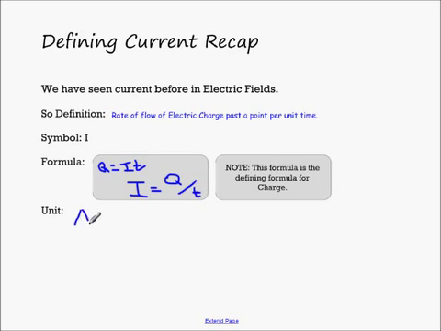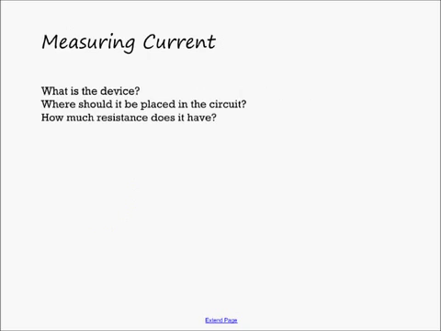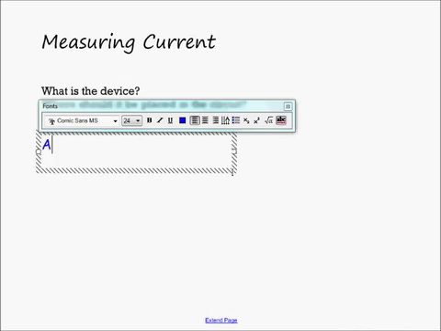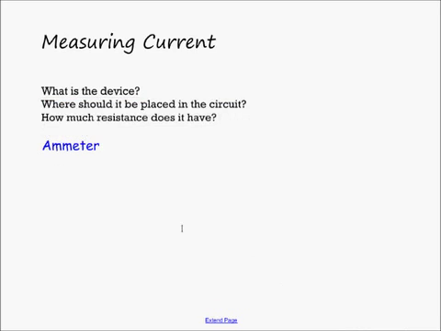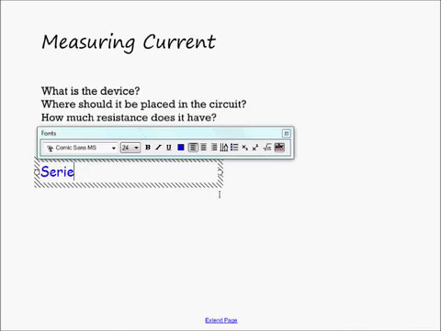Remember it's the ampere. What do we use to measure the current? Hopefully you'll remember that it's the ammeter. Where should it be placed in the circuit? Well, it should be in series.